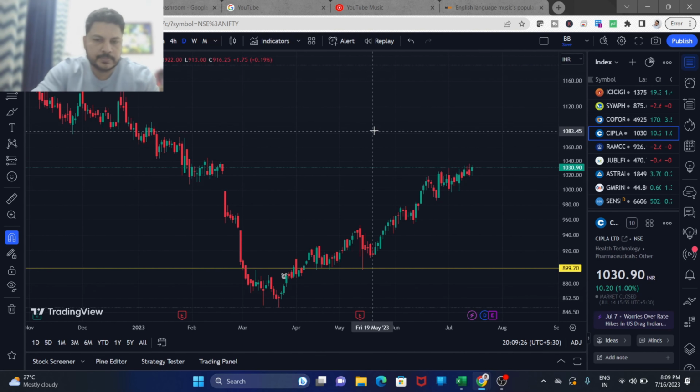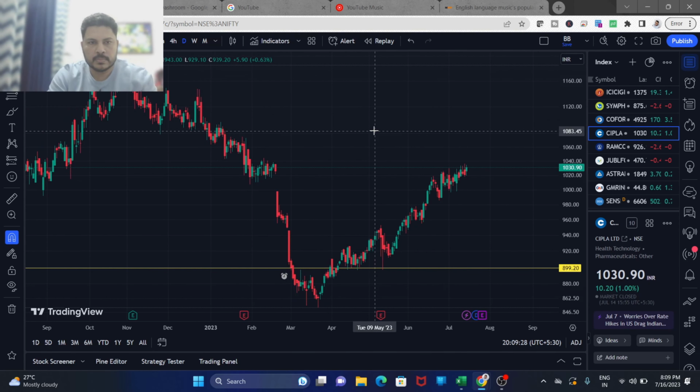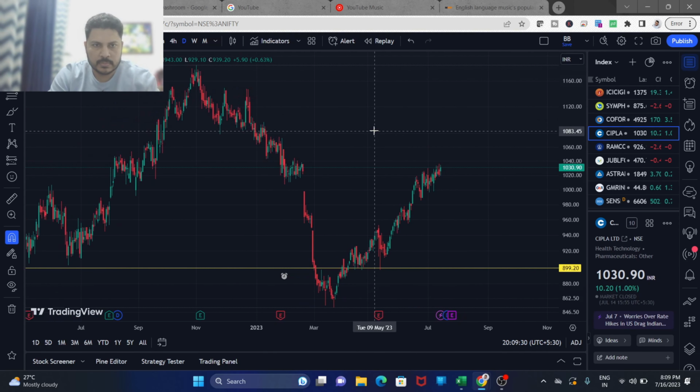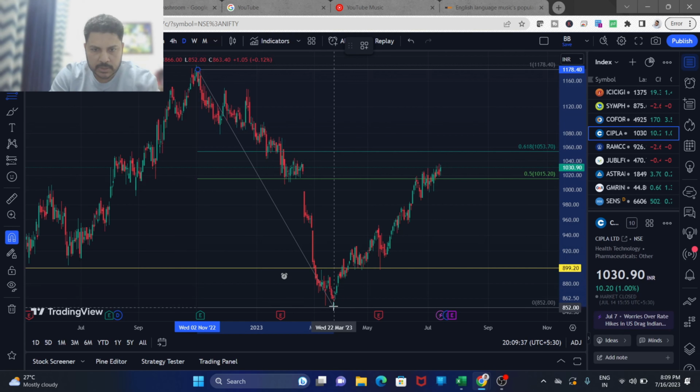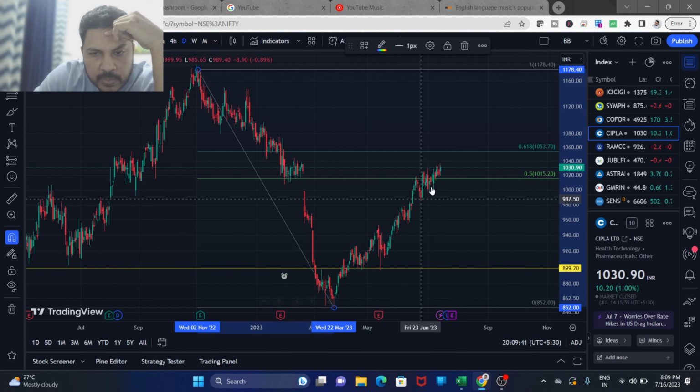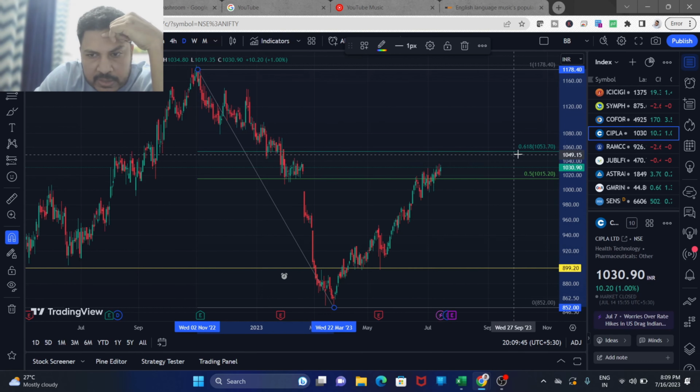Let's look at this stock, and I'll tell you when not to short these stocks in the downtrend. See, this was the high and this is the low made, and now it's in the 50% zone. So now if any stock violates this 61% and tries to move up, then you have to wait for it to retrace back to the 60%, and then let it make a pattern.